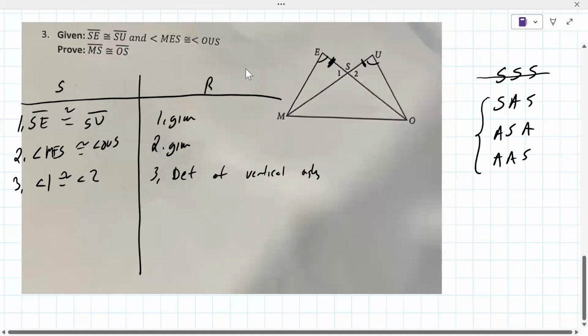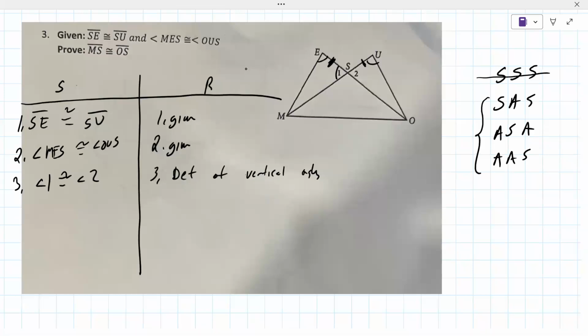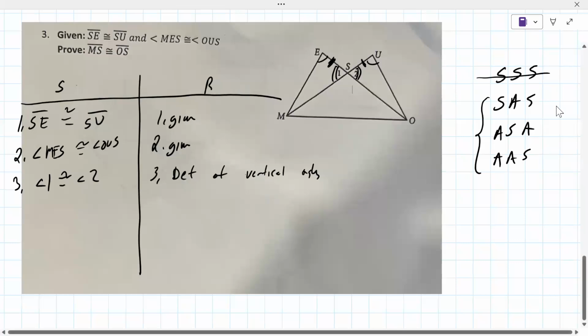All right. So now are the triangles congruent? And if so, which of these is it? Is it side, side, angle, angle, angle, side? Keep in mind that the order matters. The angle has to be between those two sides. The side has to be between the two angles. It has to be an angle, and then a side.